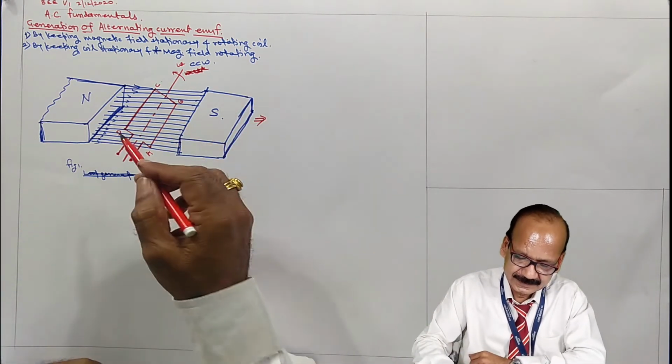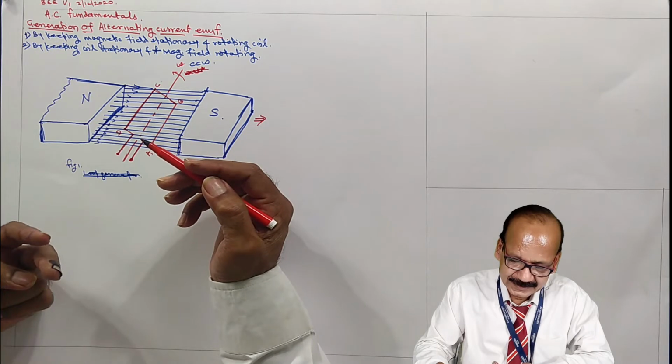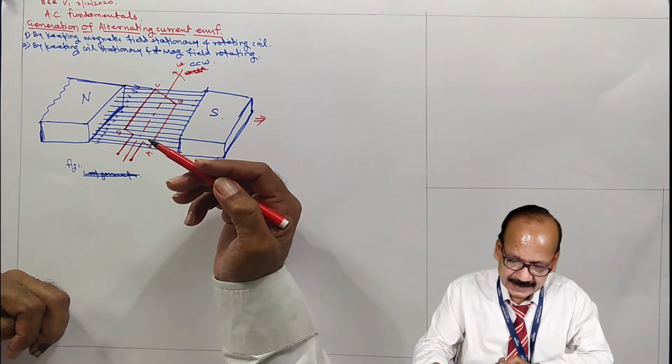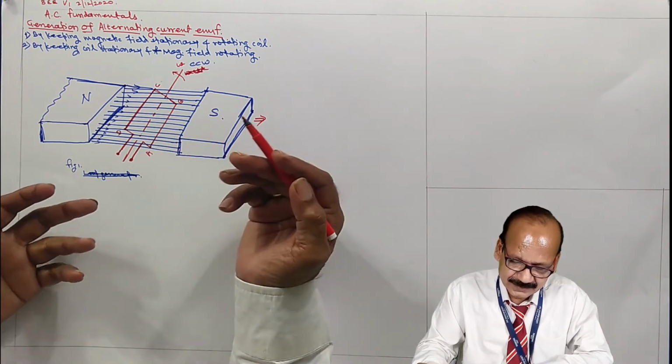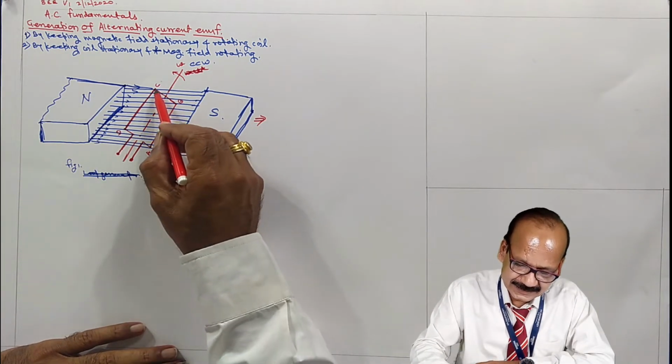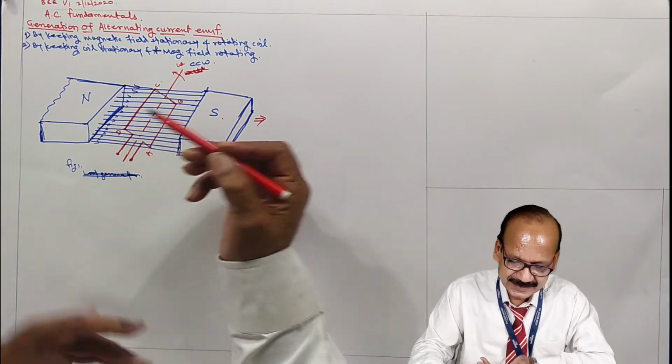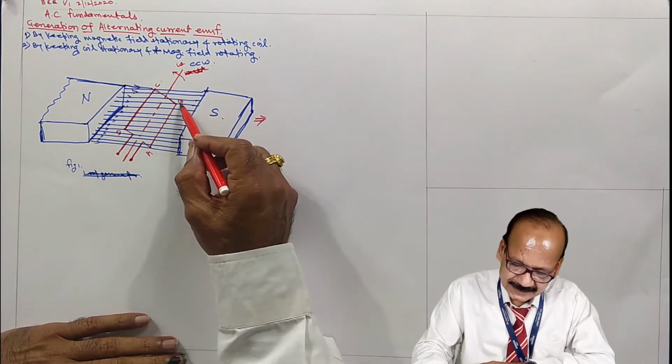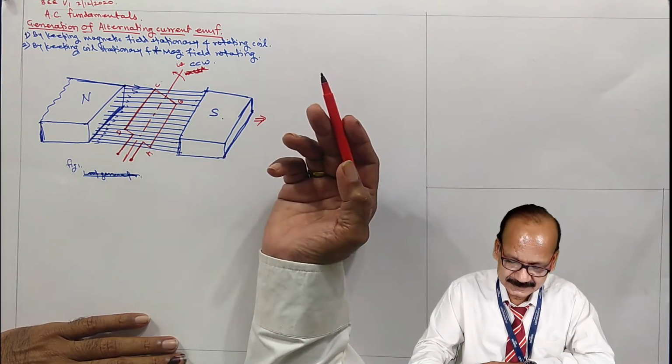Now see, every turn of the coil is made up of two conductors and many turns form the coil. Every coil has two coil sides. Say coil side CD has many number of turns, coil side AB has many number of turns.